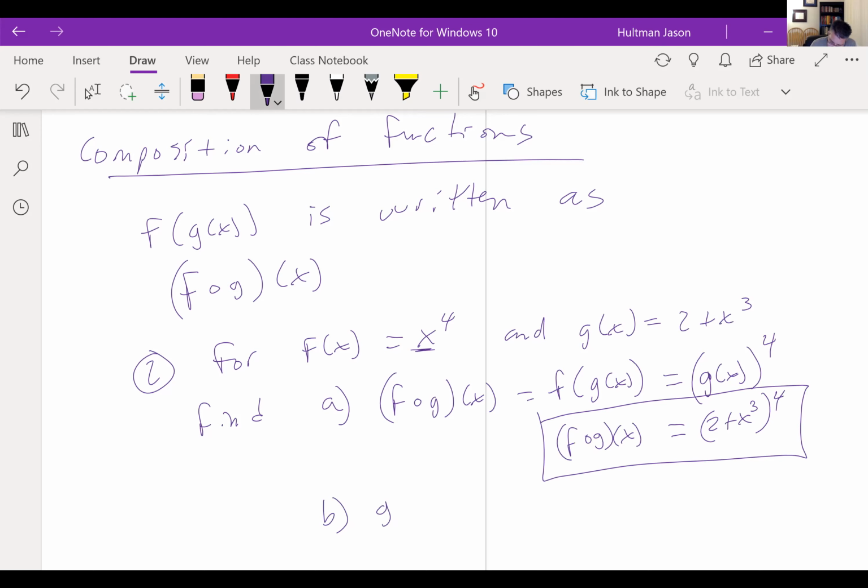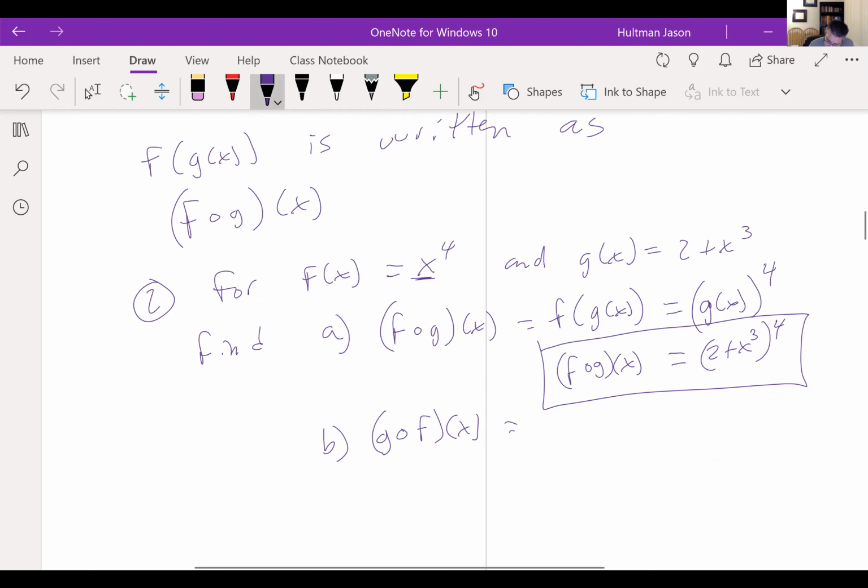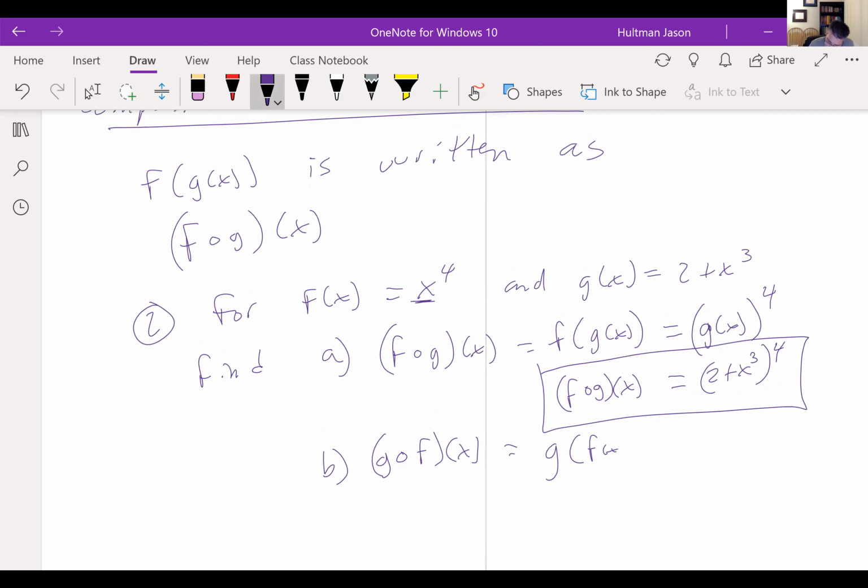Let's do it backwards here. Let's do g of f of x. What does that mean? It means g is on the outside and f is on the inside. Well, that's g of, what's g? G is 2 plus x cubed. And every time I see an x, I'm going to replace it with f of x.